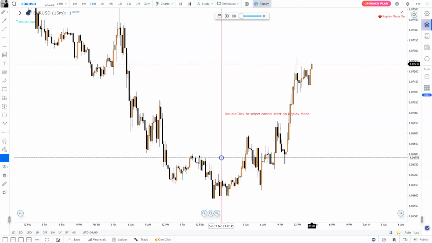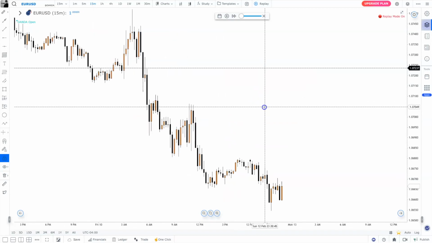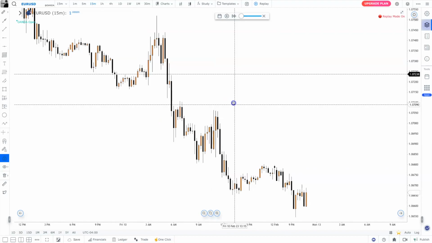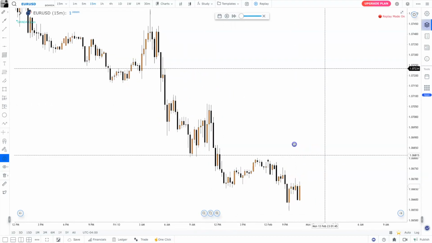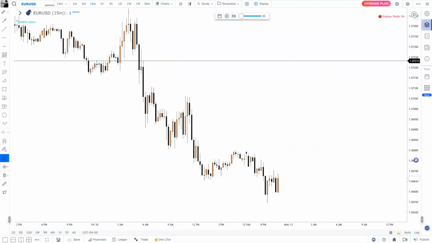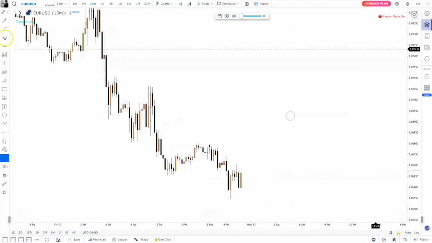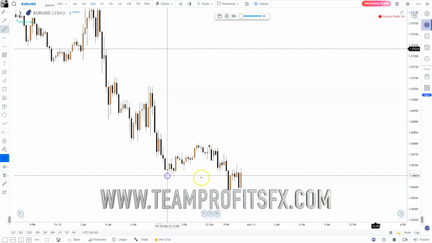For example, just starting right here, let's go ahead and start from the bottom in this area, and we see that the market is definitely downtrending. Now I'm just going to give you the first example. In this case right here, let's mark it up, understanding the structure.